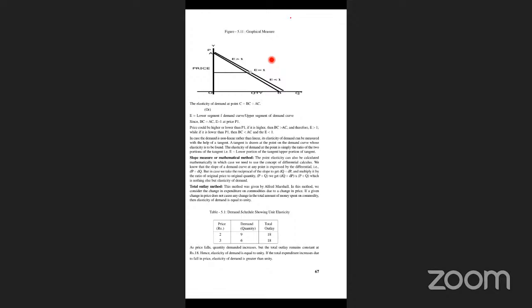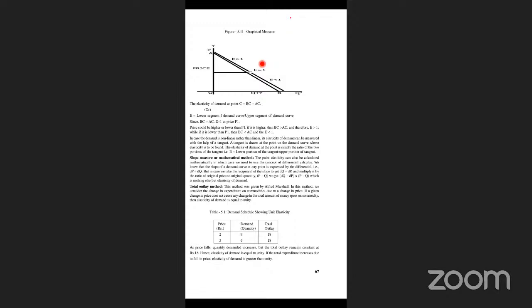And the elasticity of demand at point C, that is unitary, where E is 1, is BC divided by AC. This particular curve, these points are named as A, B, and C. The point C, point elasticity of demand, yesterday's class we understood. All right.